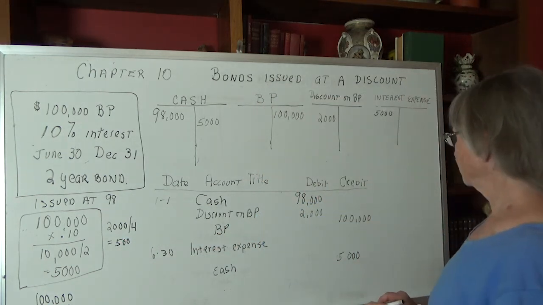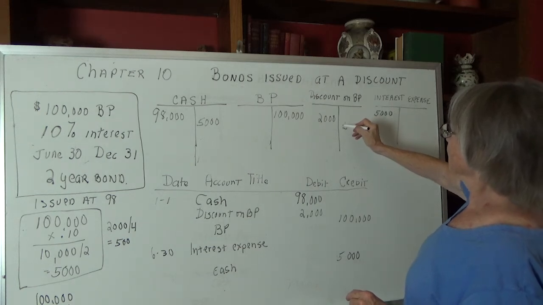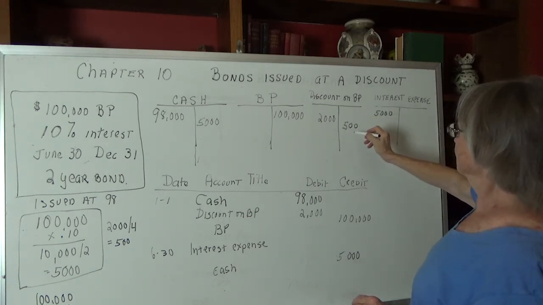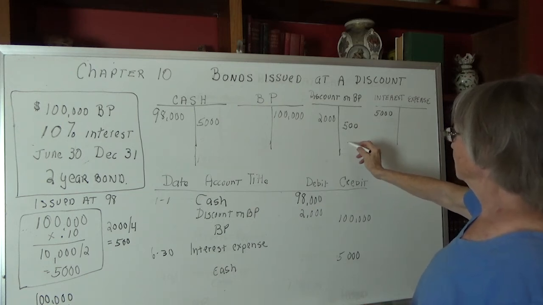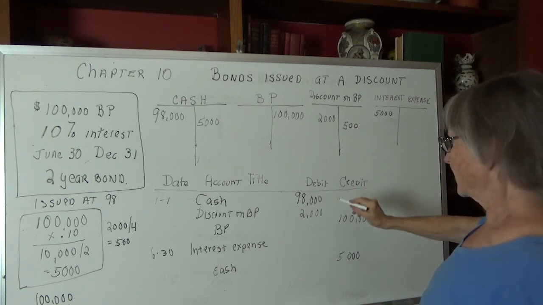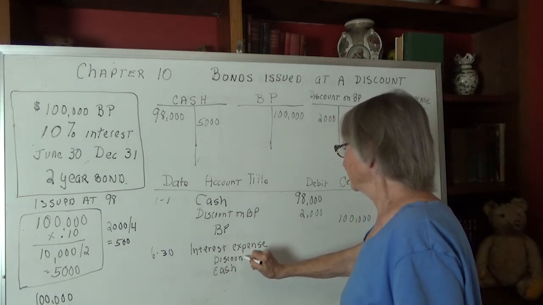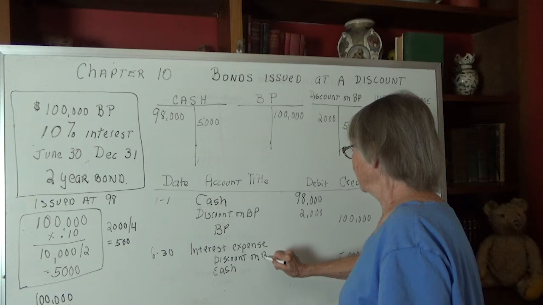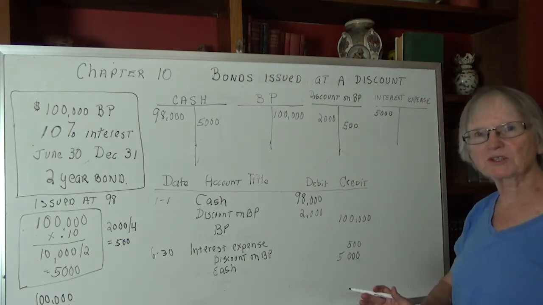So how does that work? Let's look. We have to credit the discount to reduce it, because we're going to be getting that down to 0 over the life of the bond. So our discount on bonds payable is going to be our credit entry. And look at what that does to our interest expense.